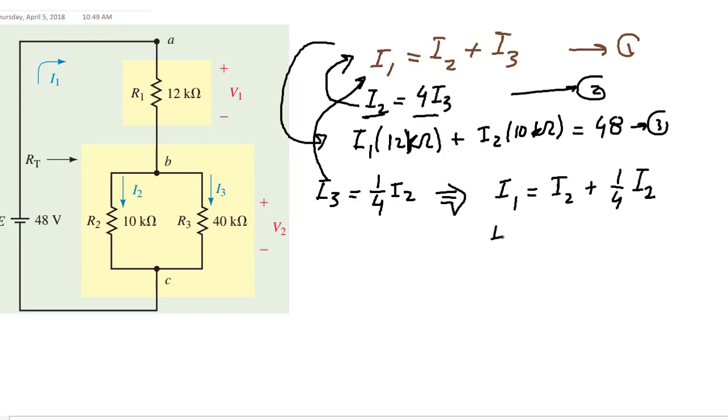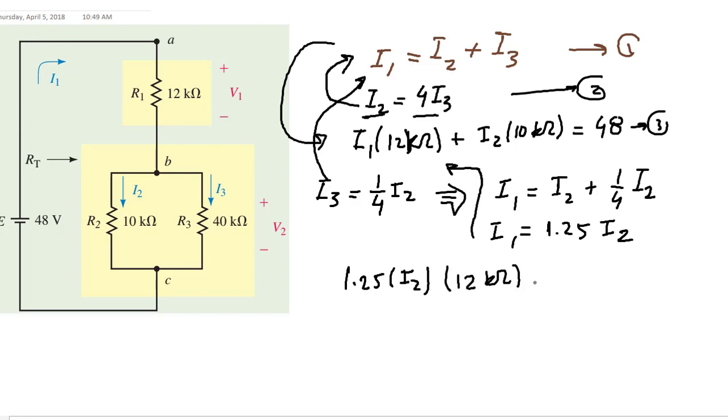So I1 equals 1.25 I2. Now we can put this here, and we get 1.25 I2 multiplied by 12 kilo ohm plus 10 I2 equal 48, 10 kilo ohm, please don't forget.